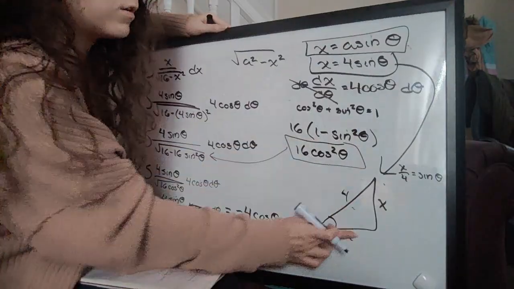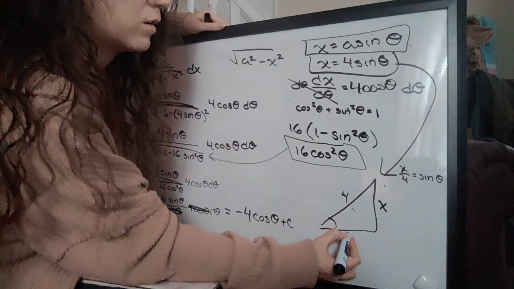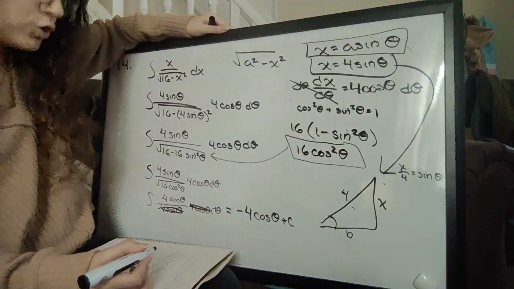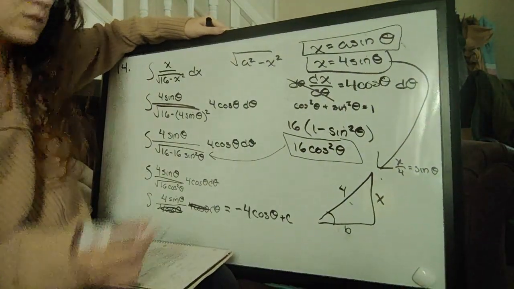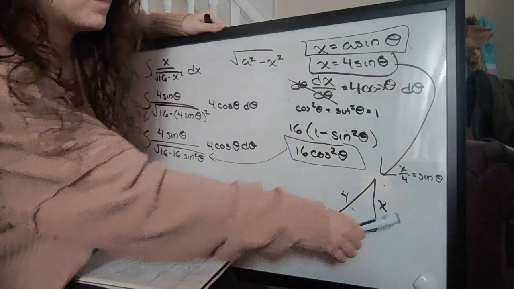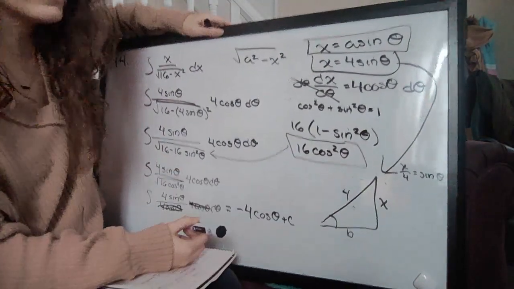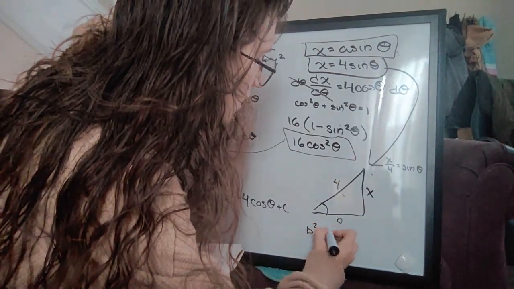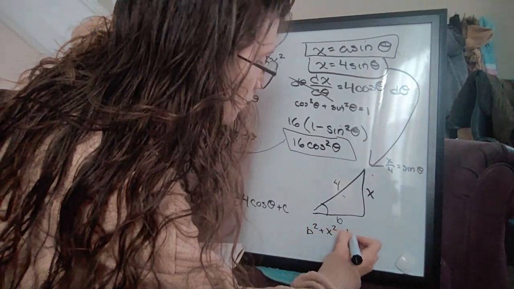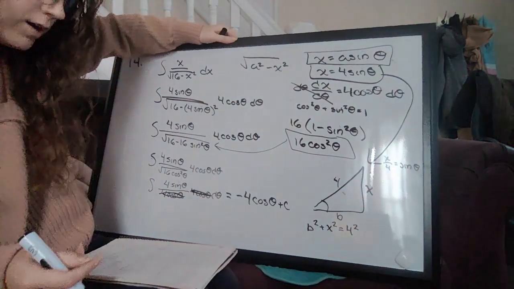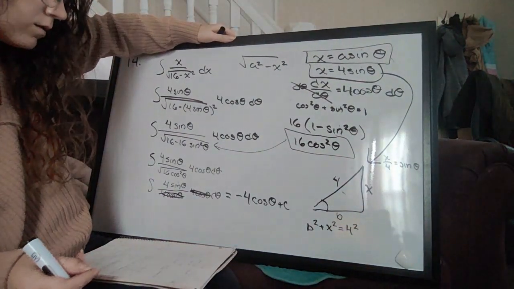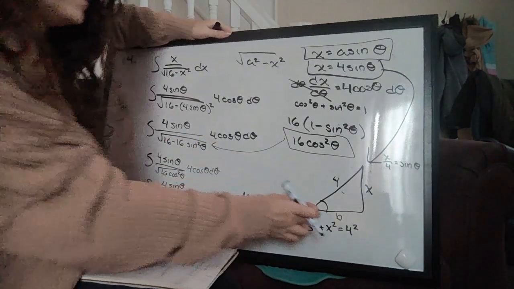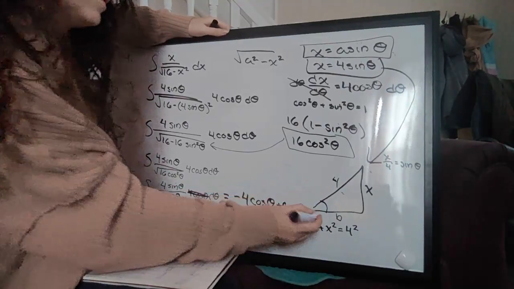Well, I already have an A up here, so I'll call it B. I can find B by using the Pythagorean theorem, because I know b squared plus x squared equals 4 squared. I want to find B because I need cosine of theta.